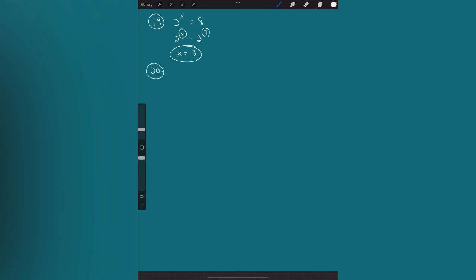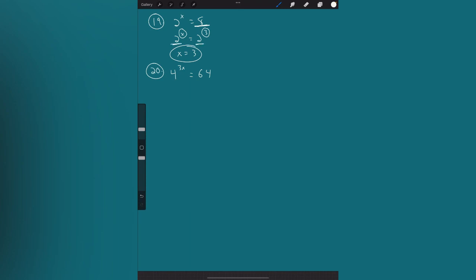And that's important because when I move into number 20 here, it starts looking a little bit more complicated. 4^(3x). So now we have a variable in the exponent, and we have to deal with that. Remember my last example, number 19, I took 8 and asked how do I make the base, the 2, the same as what was over here?